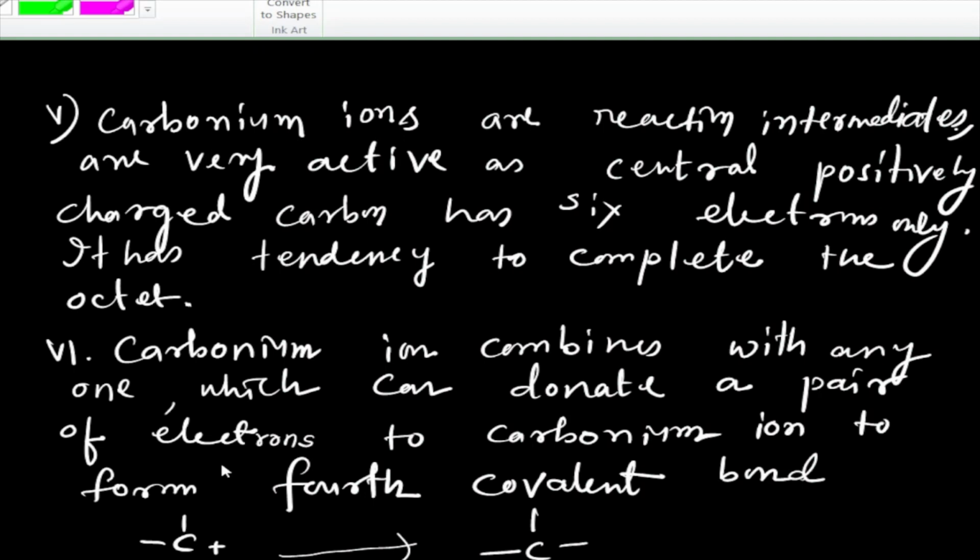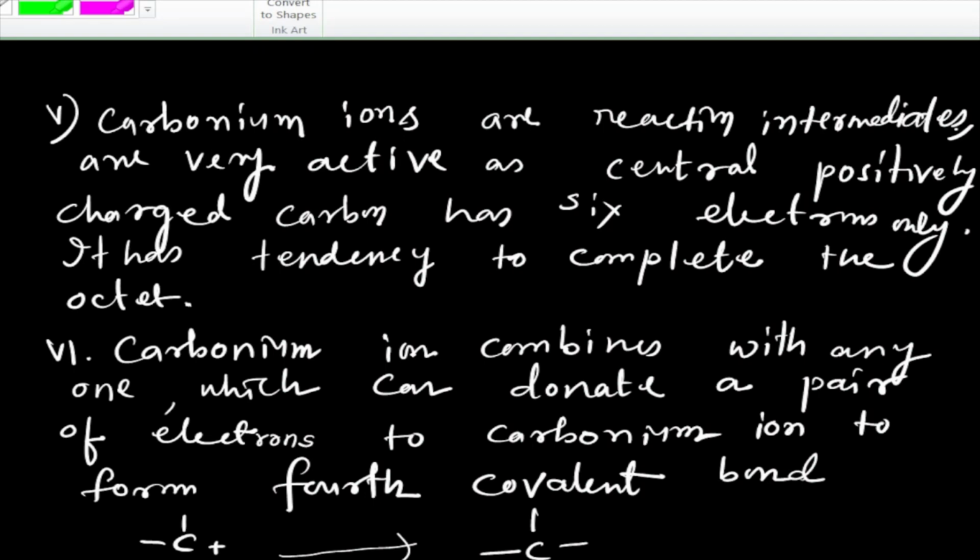It acts as a reaction intermediate, which is very helpful and very, very active, because the central positive charge carbon has 6 electrons. This is a sextet, so it is unstable. It has a tendency to complete the octet. That is why it is very active, because it is deficient of electrons.